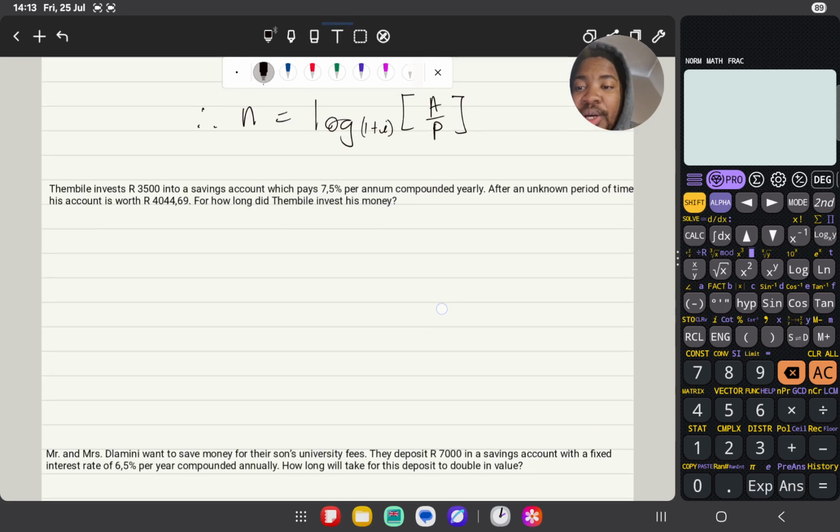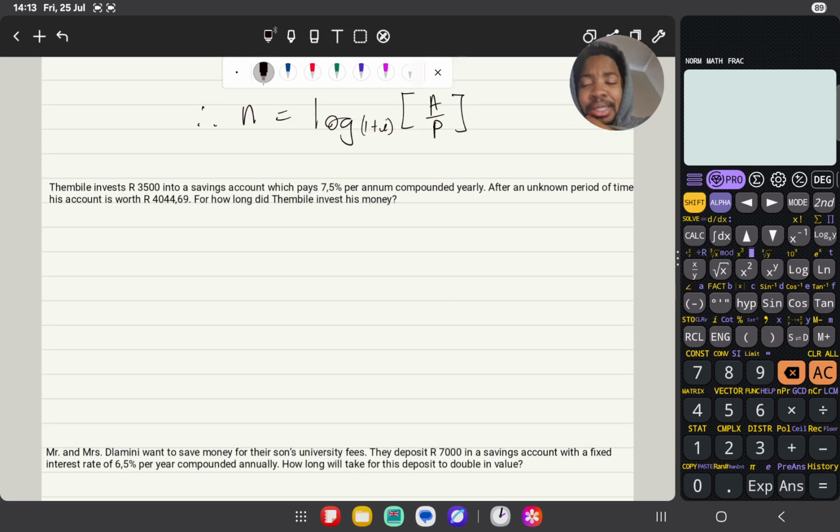Yeah, cool. So here they say Tembile invests 3,500 into a savings account which offers an interest of 7.5% per annum compounded yearly, and after an unknown period, so we don't know how long, his account is worth 4,044.